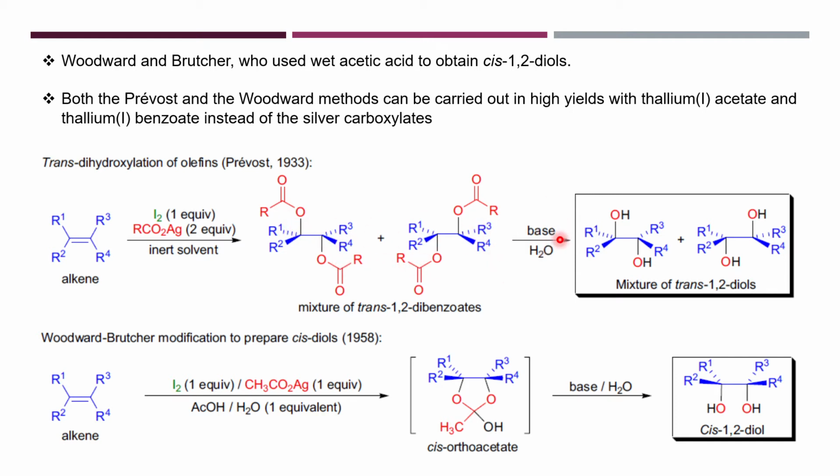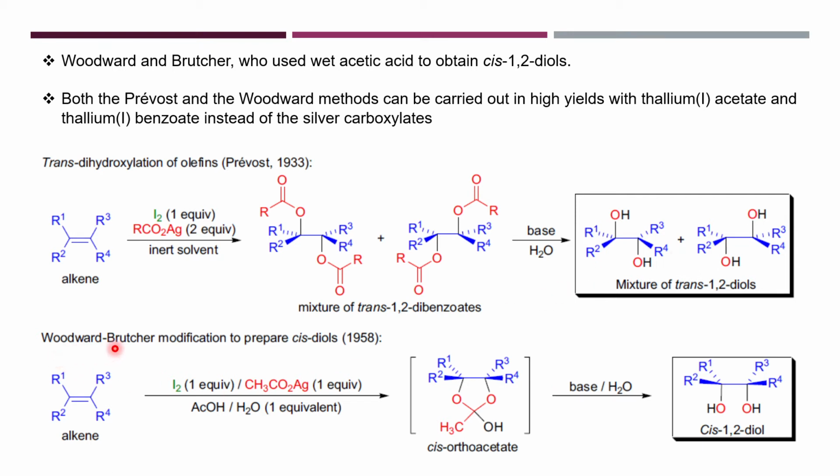And once you're using a base to cleave off the carboxylates to form the sodium salt of the acid and over here the alcohol, so you are getting the mixture of trans 1,2-diols over here.